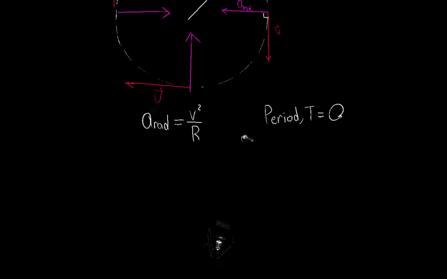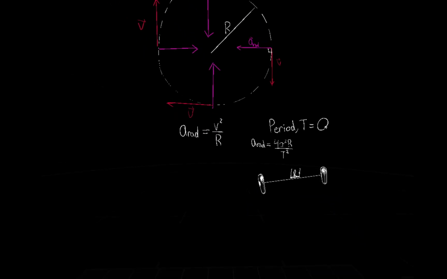And so a rad is equal to 4 pi squared r divided by the period squared. So those equations make your life a little bit easier if this is the case.